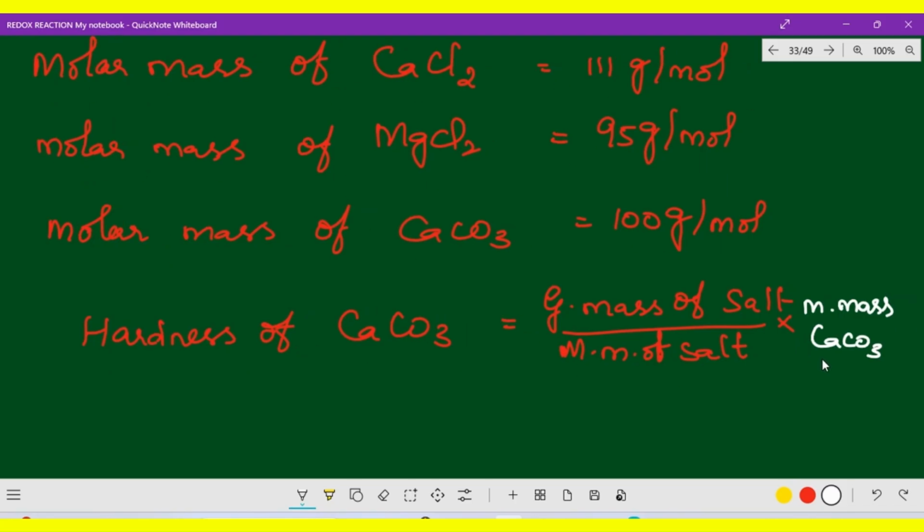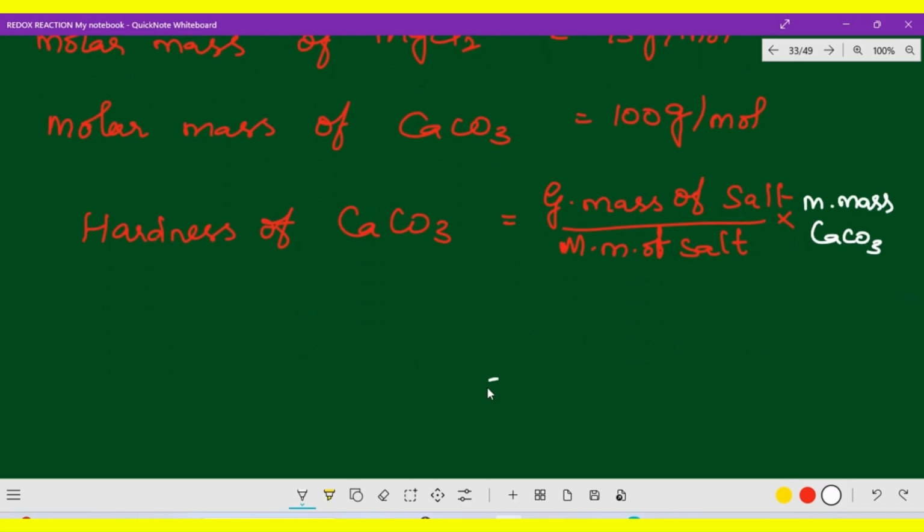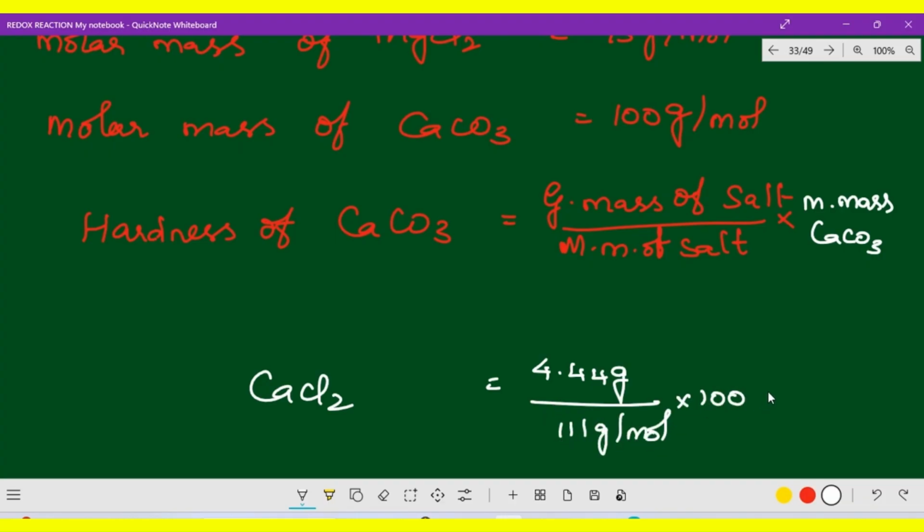Now let us apply the values for each. First, calcium chloride, CaCl2: 4.44 gram divided by the molar mass of salt, 111 gram per mole, into the molar mass of calcium carbonate, 100 gram per mole.